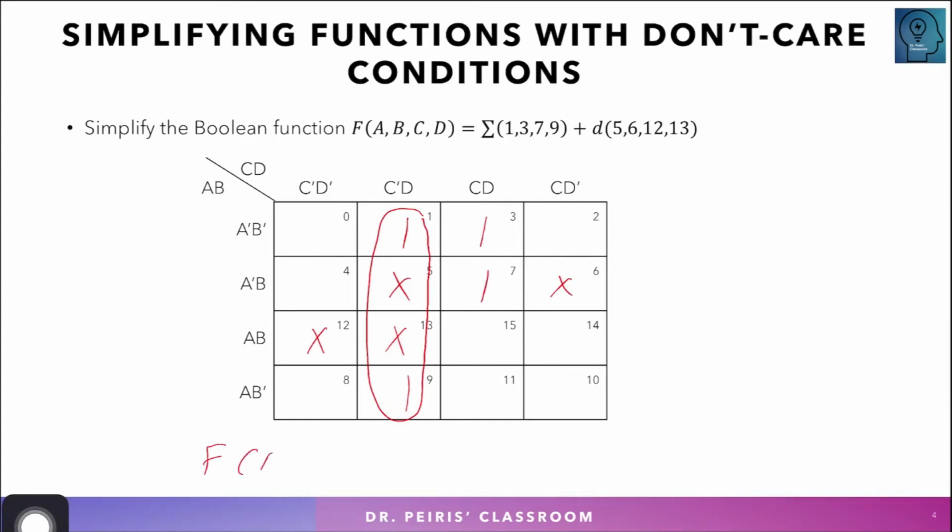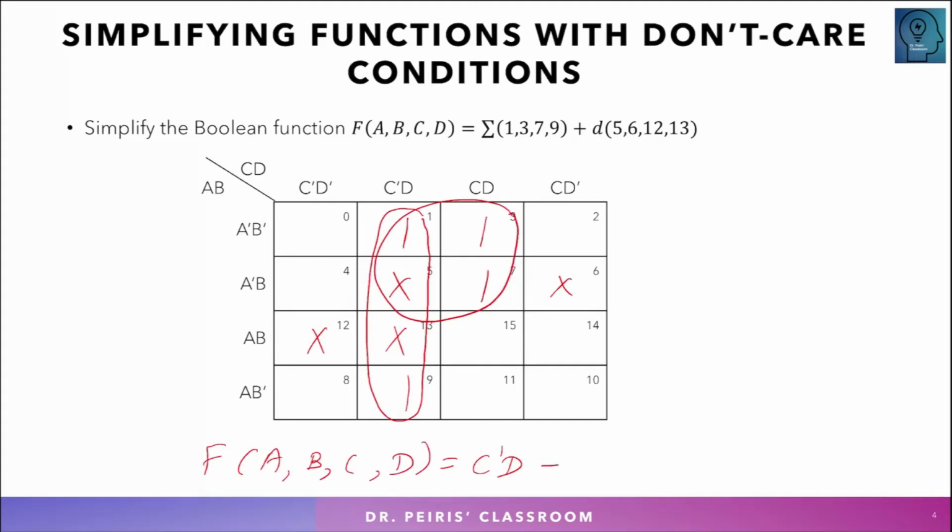Now you can write the function. Now this term is C prime D. This is the column C prime D, which is common for all. So C prime D, and nothing is common here because they are all 4 different rows. Now we need to group these two. There are 2 ones here. You can just group like that, but that is not the correct way. You can do this bigger group which includes 4 ones.